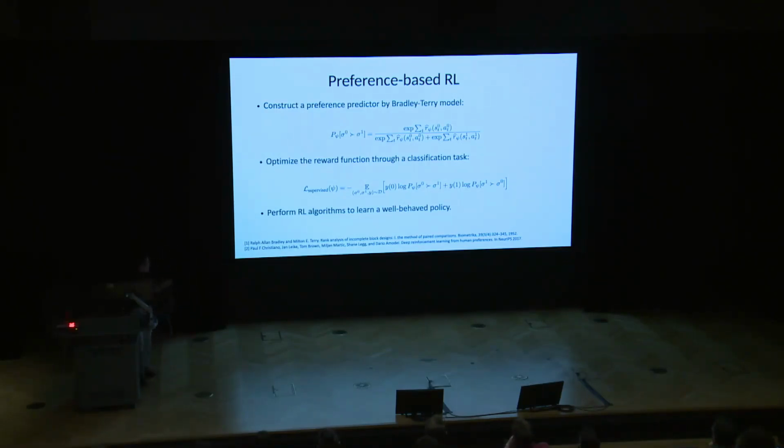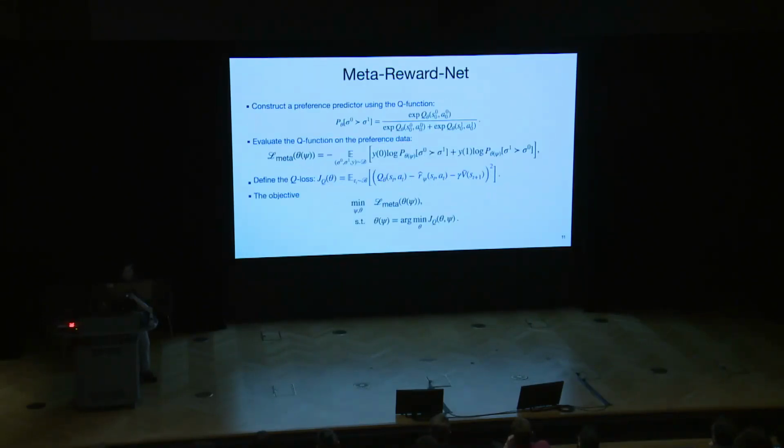Then based on the reward signal, we train the RL algorithms. And this is for our work. The difference is the first equation here, how we construct this preference predictor.